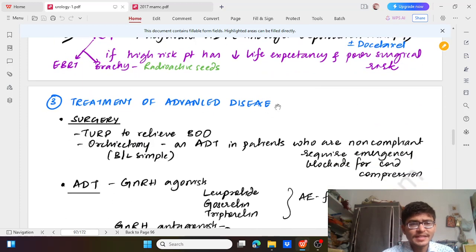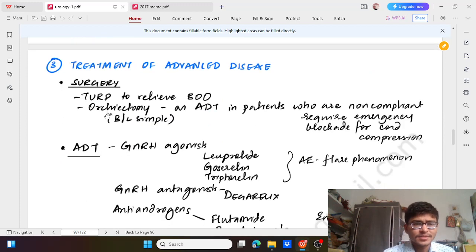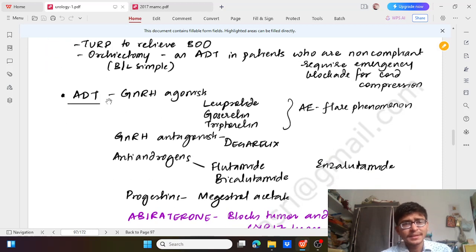How do we go ahead with advanced disease? Surgery: TURP for bladder outlet obstruction, and orchidectomy as a method of androgen deprivation therapy for those who are non-compliant and require emergency blockade of cord compression. This orchidectomy is bilateral and simple.